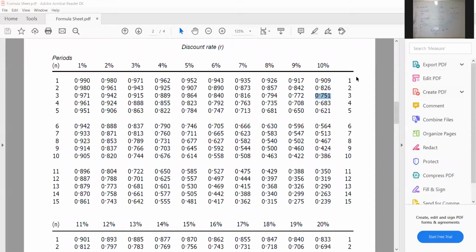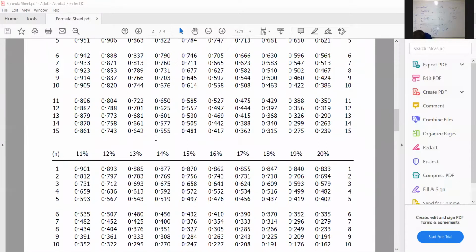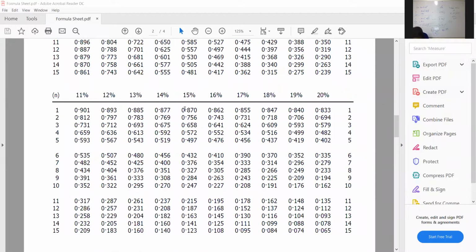You are not required to use the formula now. By looking at the table, you should be able to tell. How much is that? 0.247. Correct, guys, 0.247.